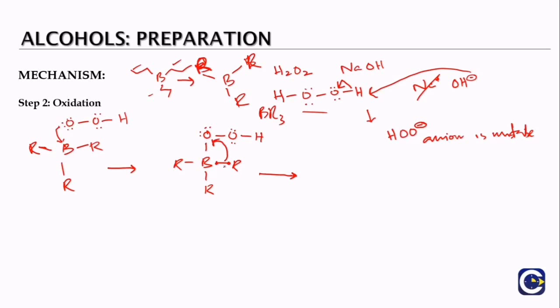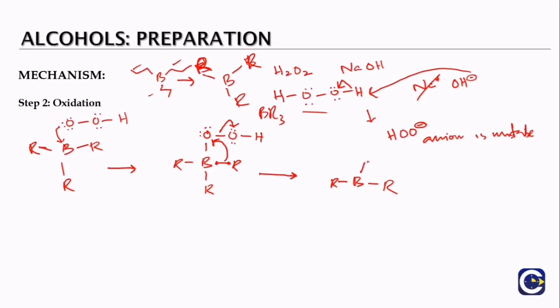So what happens here is this C-B bond, that is the C of this alkyl group and this boron, breaks, and this electron pair is shifted to oxygen. Consequently, this oxygen-oxygen bond is also going to break, leading to the formation of a bond between boron and oxygen, and we have now these two alkyl groups.